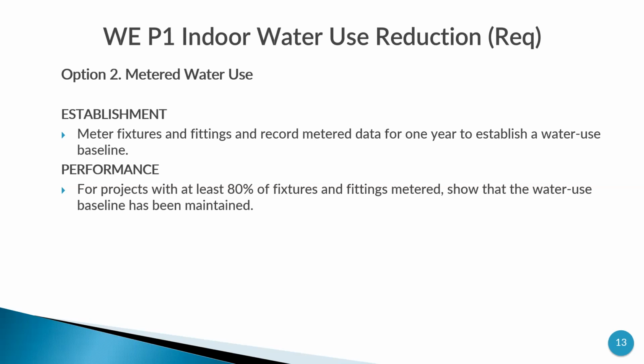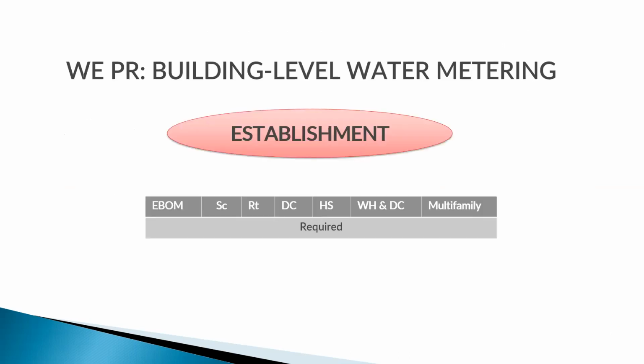Means for the first 1 year, you need to take the meter reading accordingly, based on which you can set the baseline. For projects with at least 80% of fixtures and fittings metered, show that the water use baseline has been maintained.